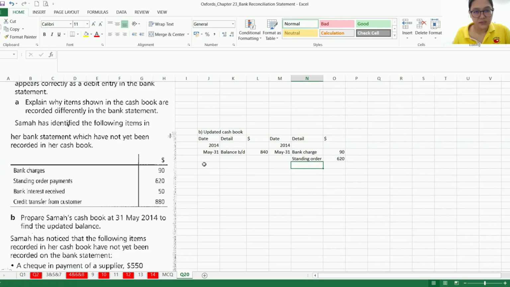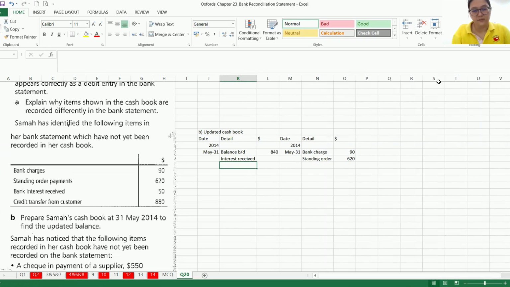Next, bank interest received. This is the interest received by the business. And then credit transfer from the customer, means that trade receivable. But we don't know who that is. They didn't mention the name. So next is 50. Okay, now we calculate the subtotal.